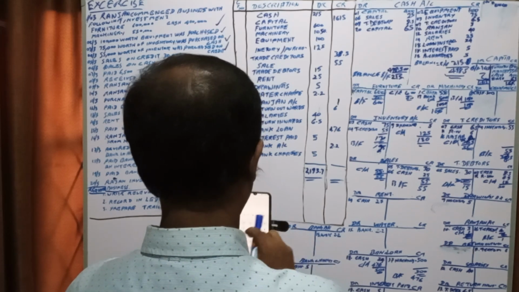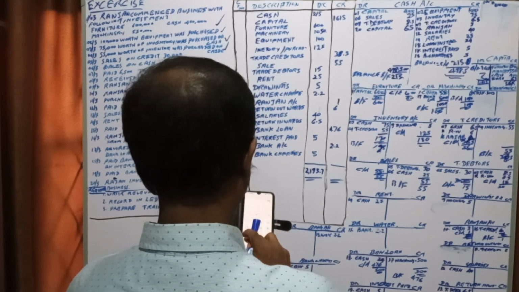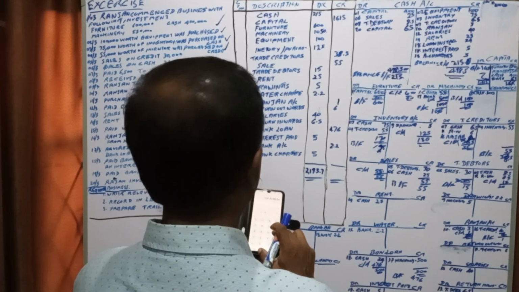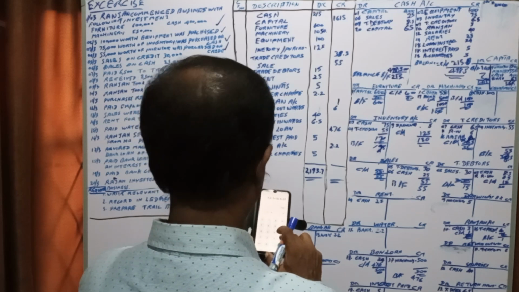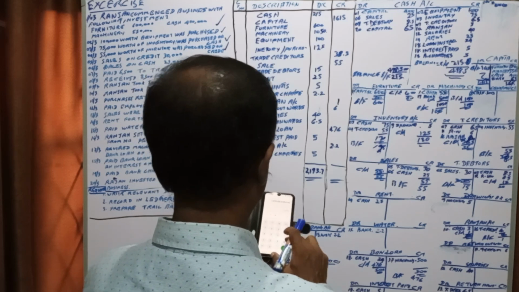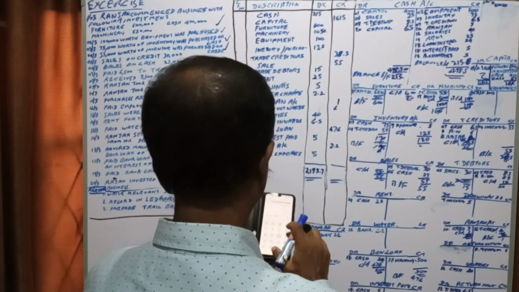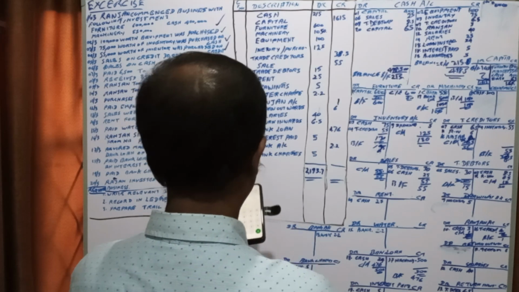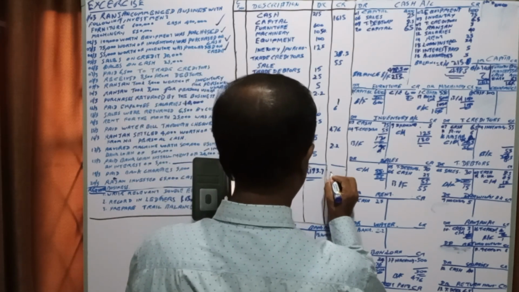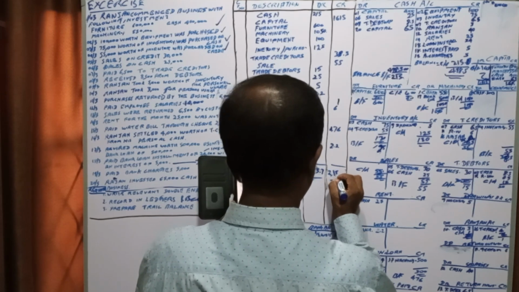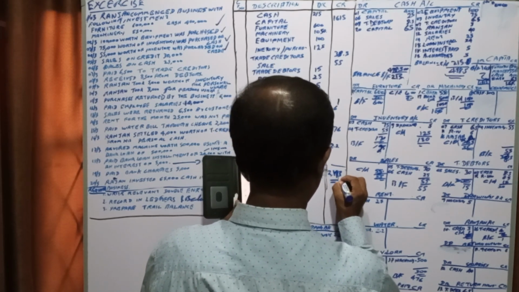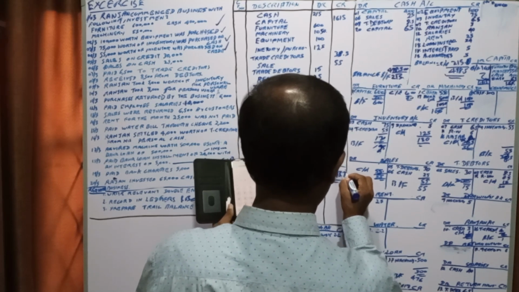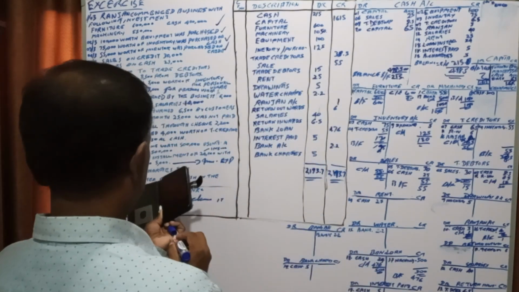Here, 1,615,000 plus 38,500 and 55,000 and 1,000 plus 6,000 plus 476,000 and 2,200, is 2,193,000 and 700. So both are balanced.